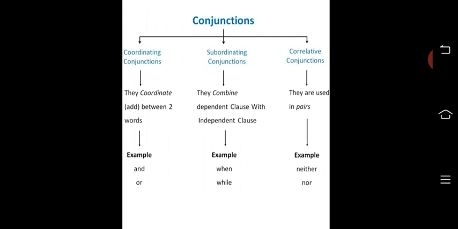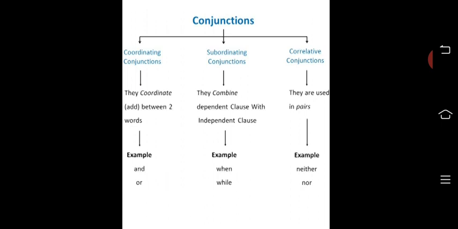And correlative conjunction. So what is the difference between coordinating and correlative? Coordinating conjunctions and correlative conjunctions are the same. The functions are the same, but here see the example I have given, and, or. Correlative conjunctions come in pairs, for example neither nor. It won't come alone, is it or not?